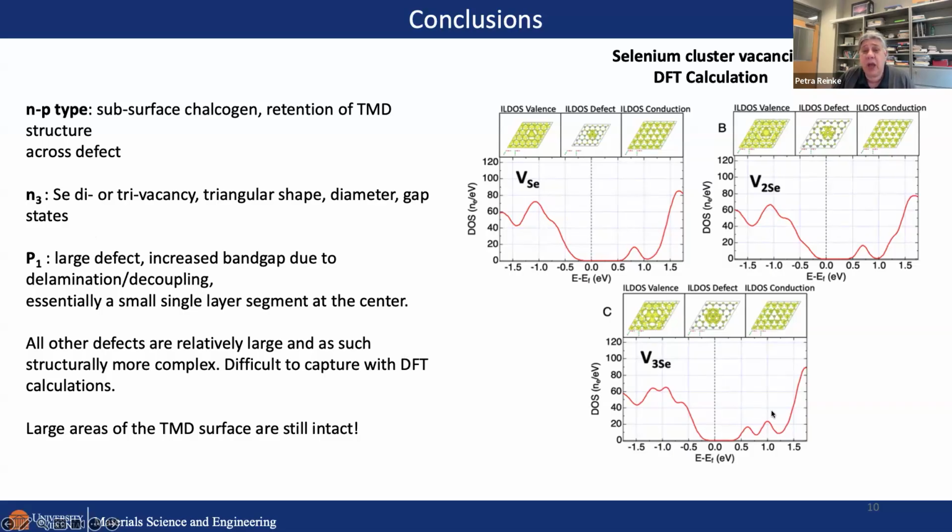And you can see you have an increasing number of states coming up in the gap. And these are all states which would lead to N-type doping. The reason I am only showing to you these DFT calculations is because all the other defects are significantly larger in terms of their geometric imprint.